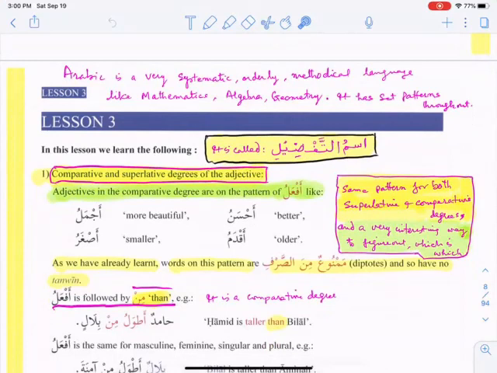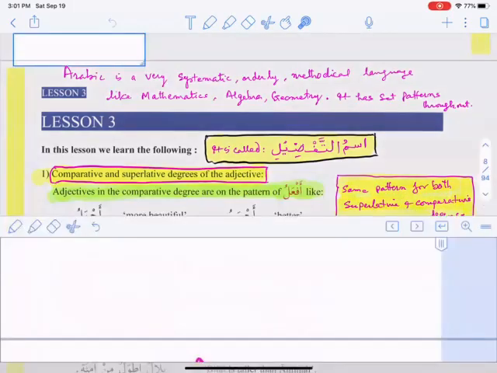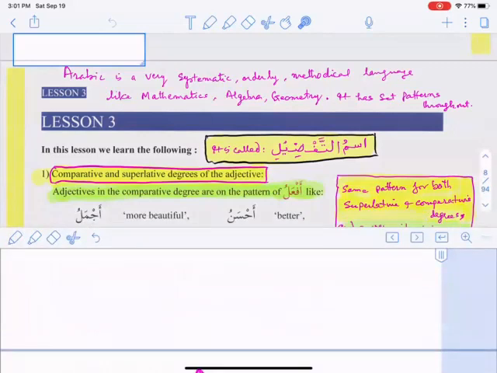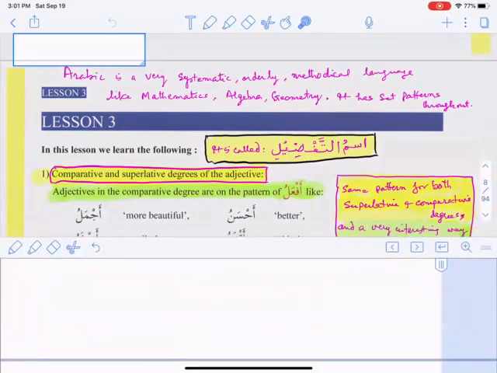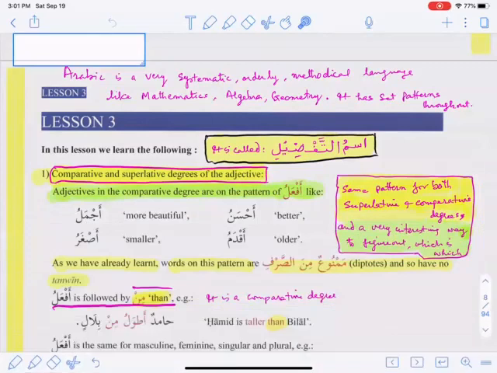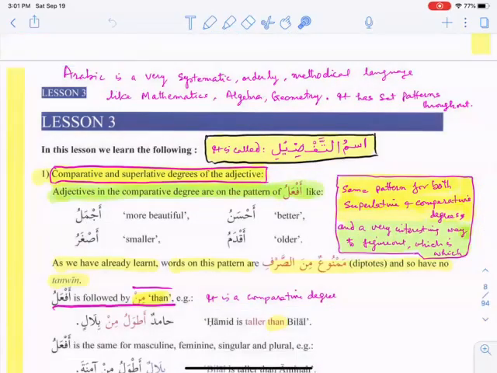So I have written here some patterns for both. The same pattern for both superlative and comparative degree. The pattern doesn't change. And there is a very interesting, very simple way to figure out which is which.